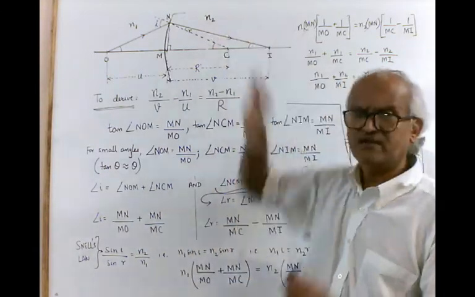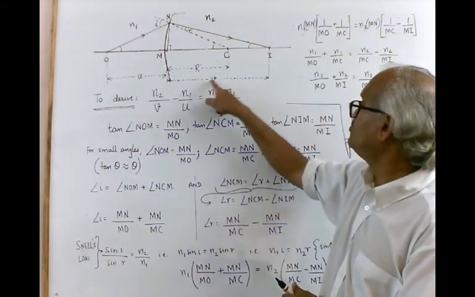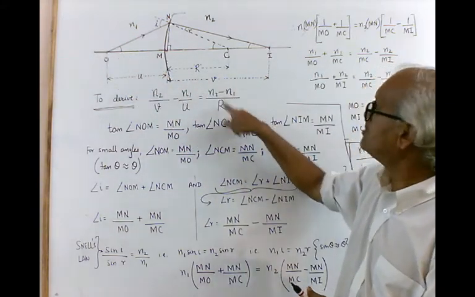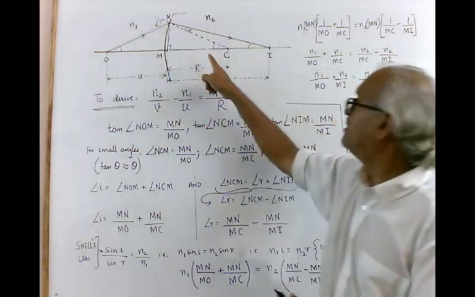And here, as we have said, we are assuming n2 greater than n1, so n2 minus n1 upon the radius of curvature R.